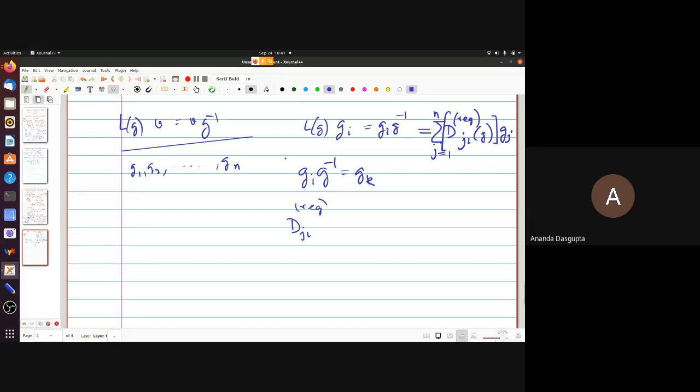The regular representation D_ji of G will be delta_jk. Okay, the regular representation is the whole matrix, but the ji-th element of that will be delta_jk, where G is G_k inverse G_i, right? Is that okay?